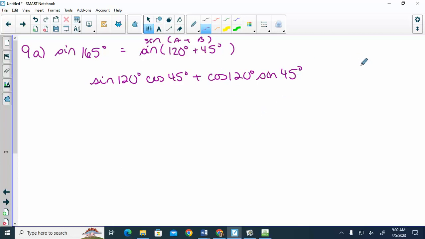Okay, let's talk about the 120. What quadrant is that in? Reference angle 180 minus 120 is 60. So in quadrant 2, is sine positive or negative? Positive, and the sine of 60.